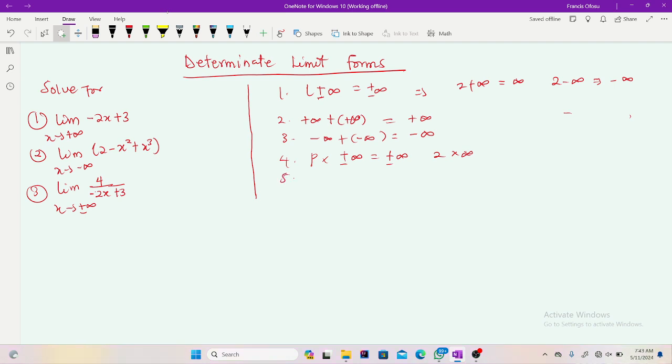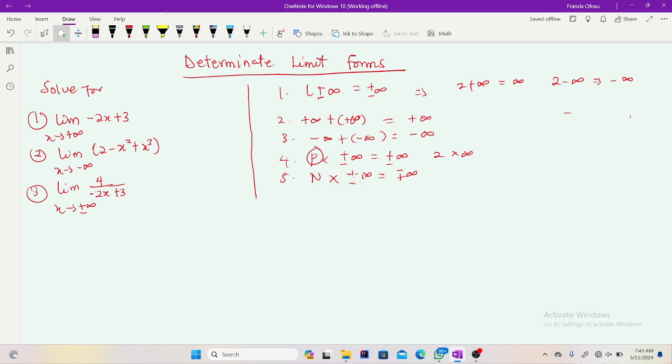Number 5 is multiplying by a negative number. If you have a negative number multiplying positive or negative infinity, you get negative or positive infinity. Look at the change in signs.